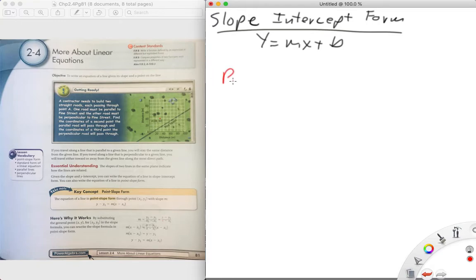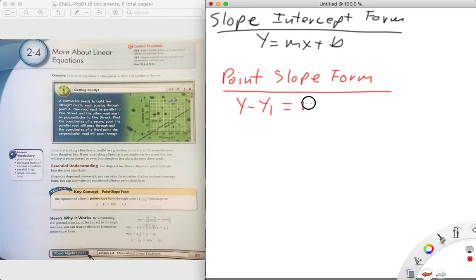Point slope is in the form of y minus y1 equals m times the difference of x minus x1.